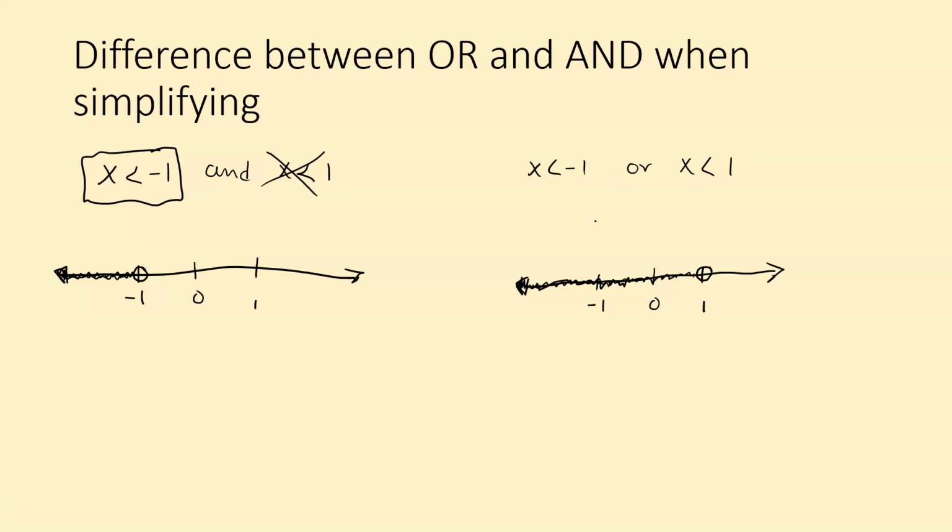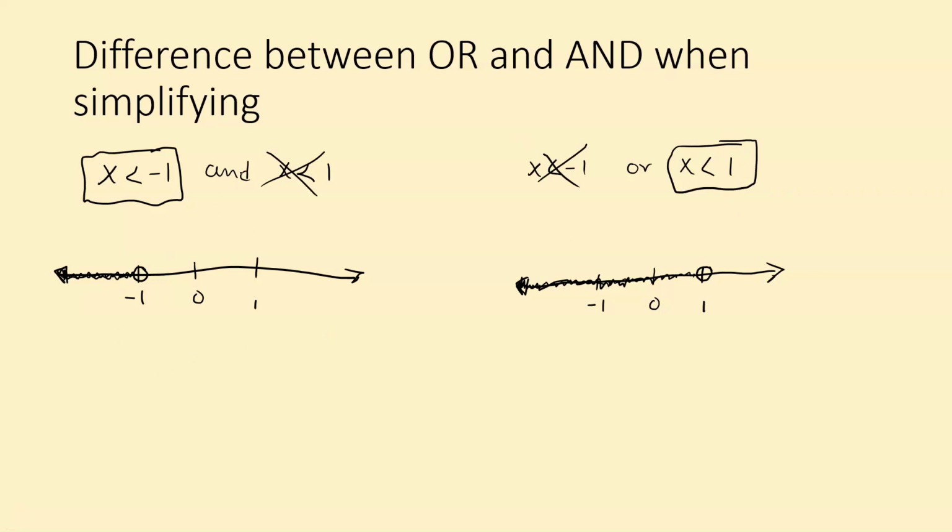Since it's an or statement, it only needs to satisfy one inequality to be the solution. So for or statements, we can simplify and get rid of the less inclusive statement and just use the more inclusive statement.